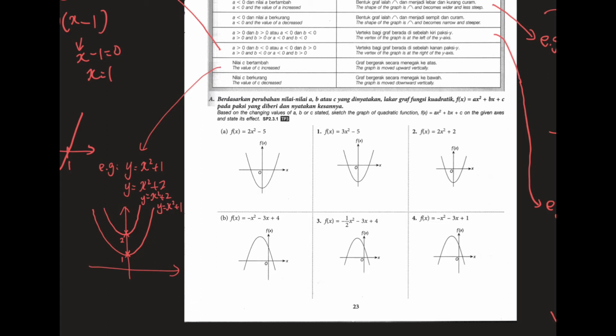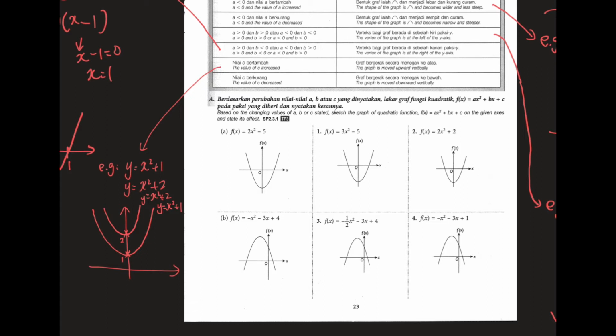Okay, so to answer this question, we are supposed to have two quadratic functions so that the changes can be seen. Now let's say I have f(x) equal to 2x squared minus 5. Then after that I have g(x).